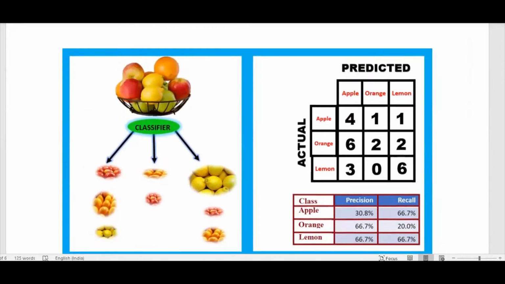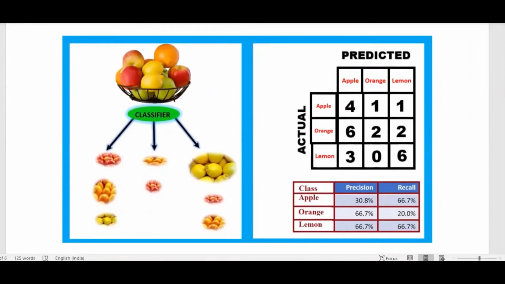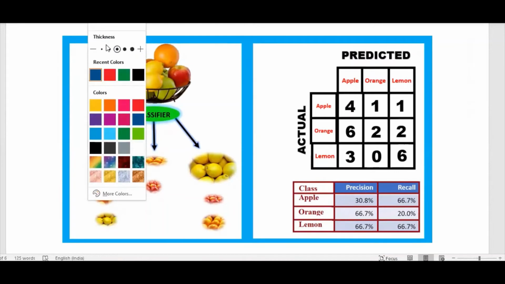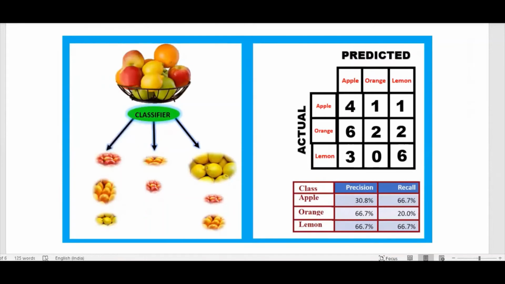Now 3 cross 3. How many are there in total? Let me write the numbers. Three fruits here: I've taken apple, orange, and lemon. In total, if you see the actual side, how many apples are there? 4 plus 1 plus 1, 6 apples are there.